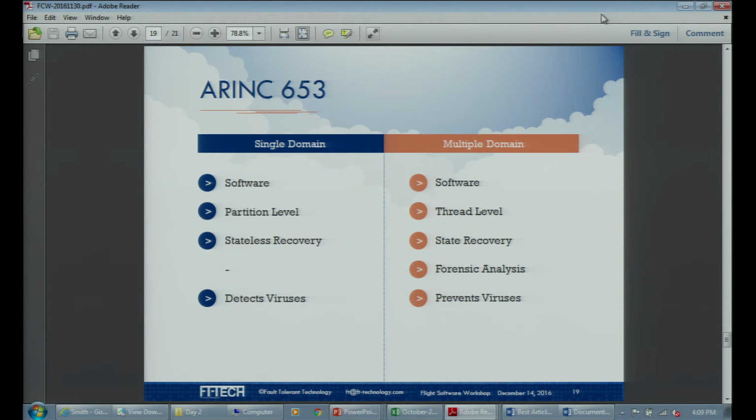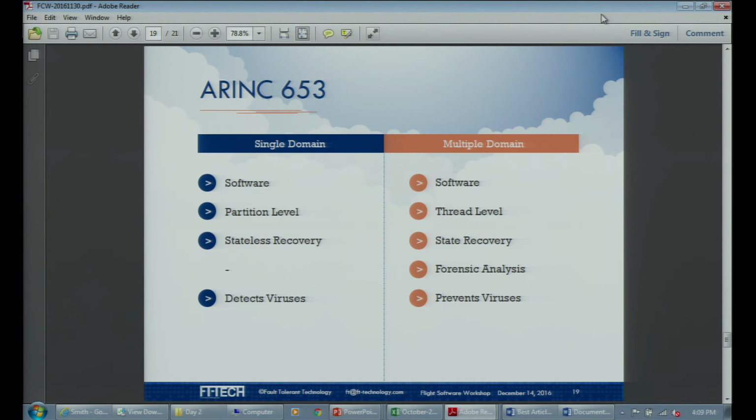In software fault tolerance, it's quite a bit different, and I'll try to quote from the spec. It's something about if you have the state of a partition, it can fail, but since it fails, you have lost the state of it, and therefore only stateless partitions can be recovered.